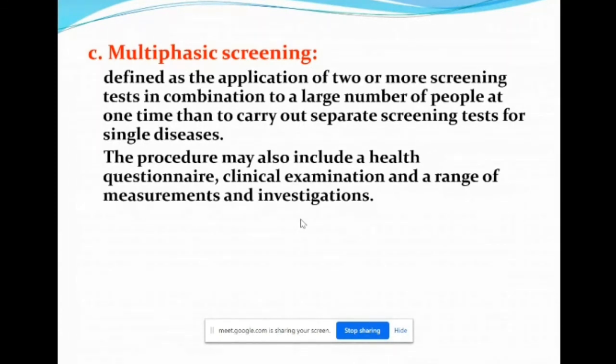For example, we do at the same time blood pressure examination, auditory examination, visual examination, hematological tests, X-ray, and any other screening test on a large group of the population in a community for the purpose of early detection of different diseases and provision of appropriate treatment to prevent or improve prognosis of diseases. And that's all about screening.